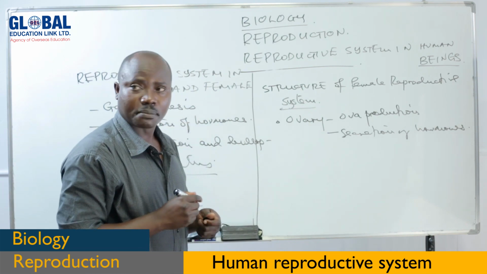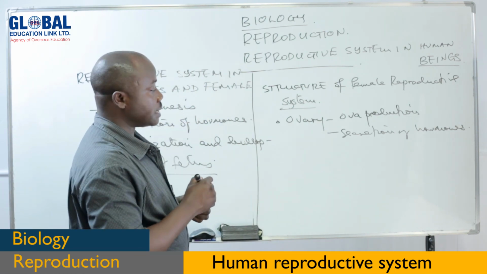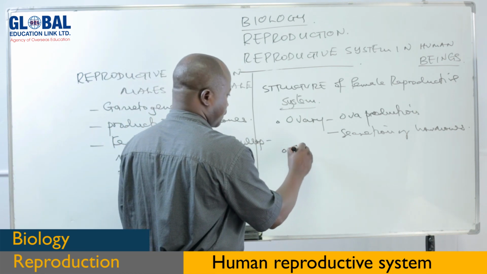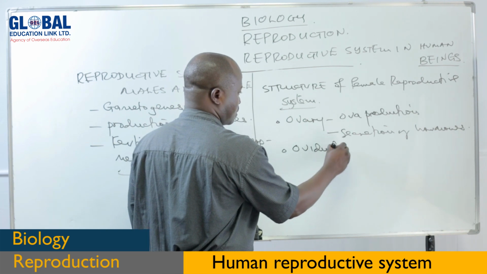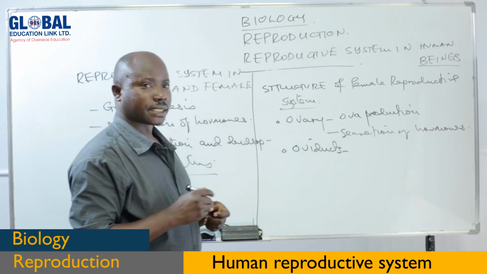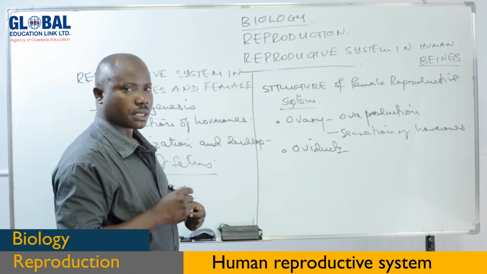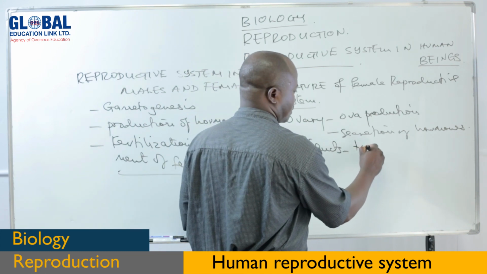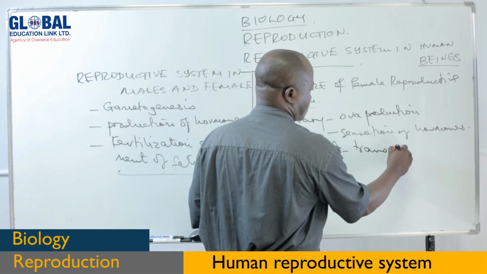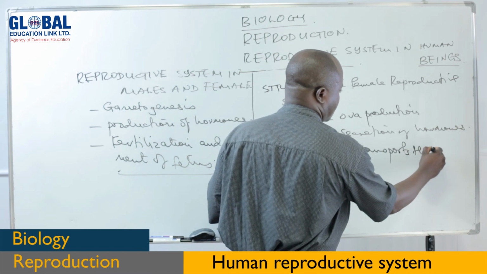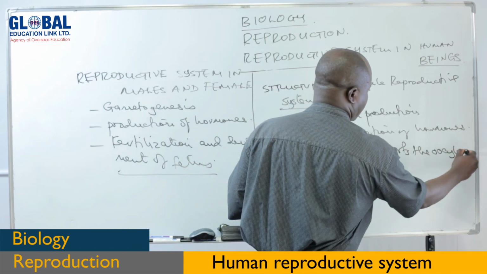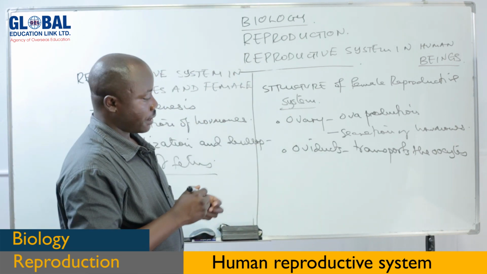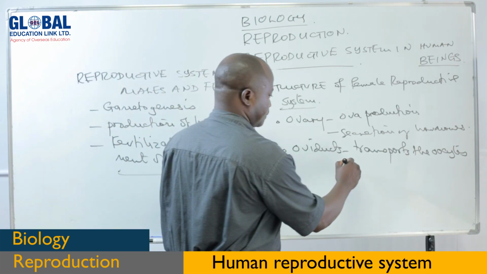Another structure that makes female reproductive system is the fallopian tube or the oviduct. The oviduct transports the oocytes to uterus, but also form the center where fertilization takes place.